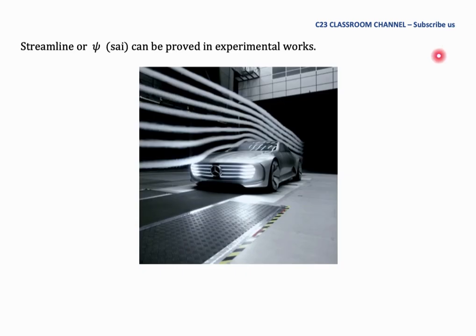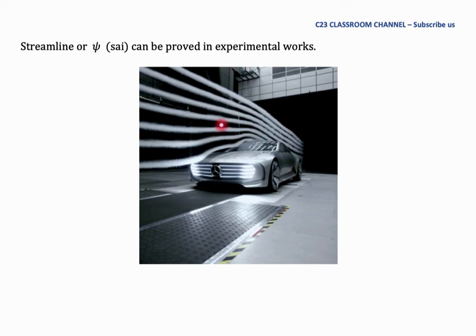So this is the streamline or psi, and because it carries the meaning of volume flow rate, the streamline can actually be proved in experimental work.